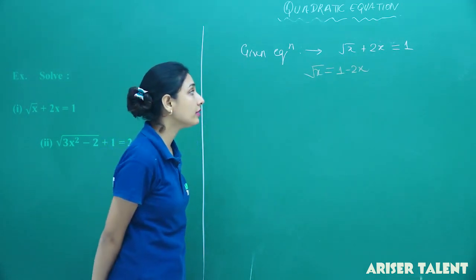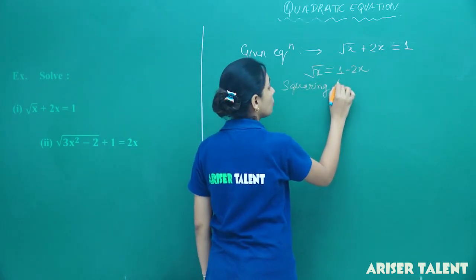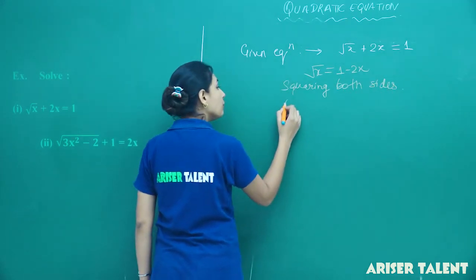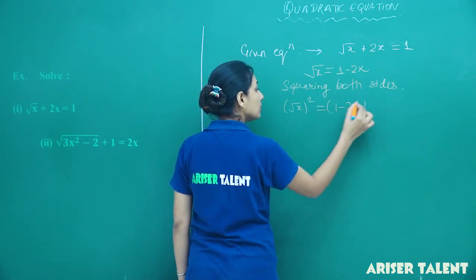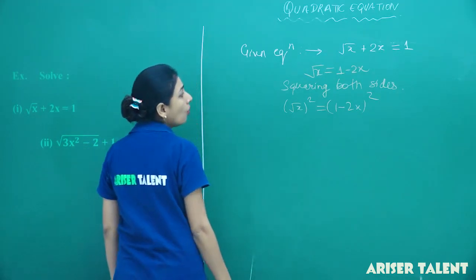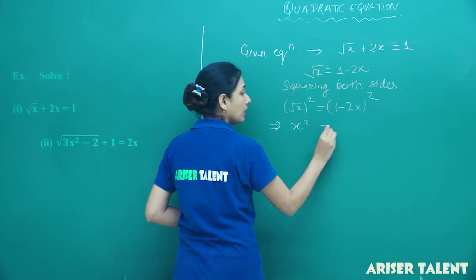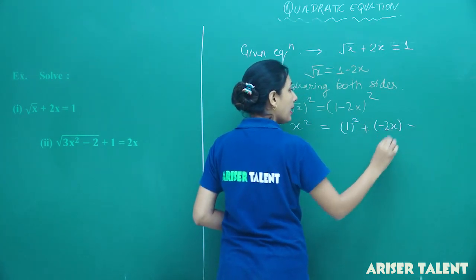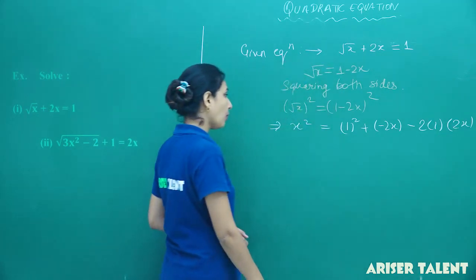Now if you square it, squaring both sides, that will give you what? Root x square equals to 1 minus 2x whole square, right? So it will give you x square equals to a square plus b square minus 2ab. Okay.